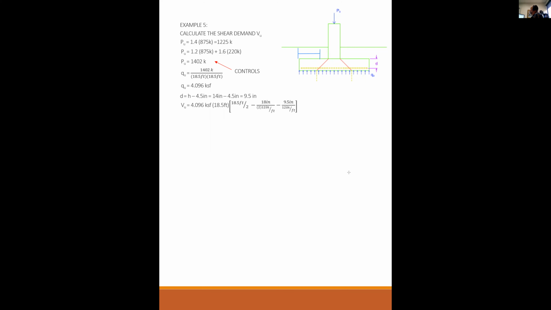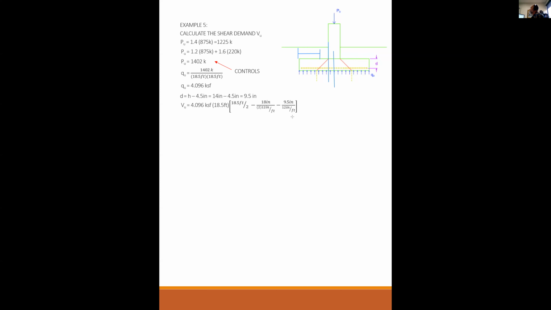Times that depth. So you have a width in and out of the page, and you have a length. So that's what's in these parentheses, the length. The length is half the footing, 18.5 over 2, minus half the column, which is 18 divided by 2 divided by 12 to get to feet, minus D. So half the footing minus half the column minus D gets you what's left.